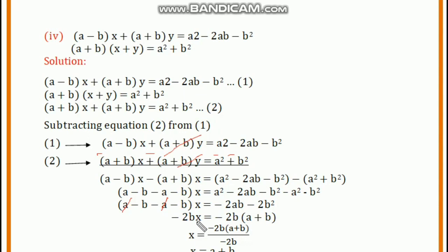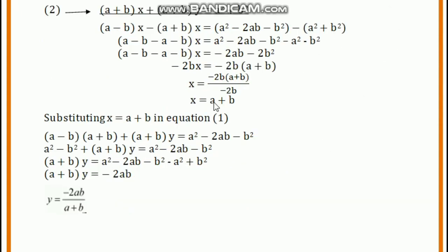So except this x, remaining these two transpose to right hand side, then only you can find out the value of x. x is equal to minus 2b of (a plus b) divided by minus 2b. Here minus 2b will be cancelled, so remaining a plus b. So we found the value of x.